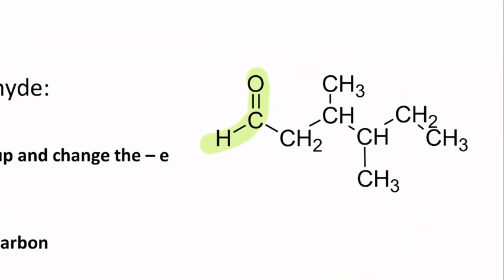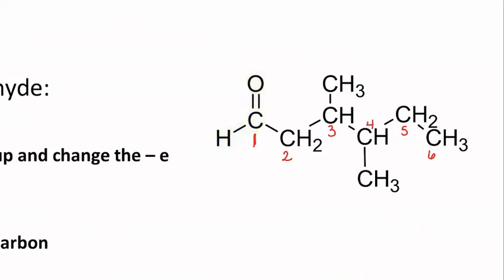Excellent job, you guys. I agree with you. There's 6 carbons. So remember, in an aldehyde, carbon number 1 is the one that is the CHO group. So the carbon in the CHO group, that's carbon number 1. And then we go 2, 3, 4, 5, 6.